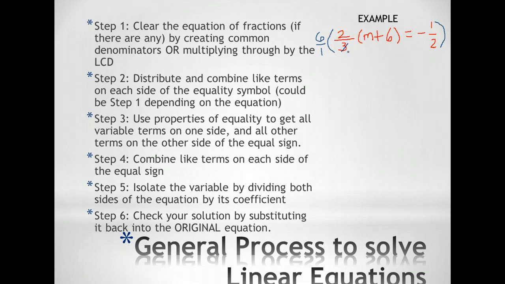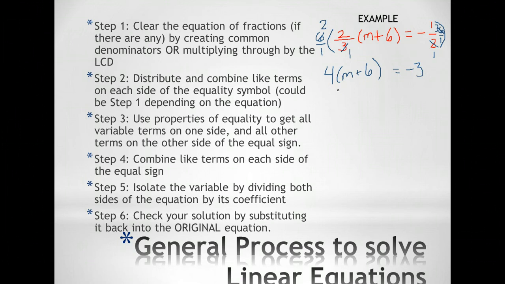So the 3 becomes a 1, and then the 6 becomes a 2, and so I end up with 2 times 2, so I get 4 for the left-hand side, (m plus 6), and then I also need to multiply the negative 1/2 by 6 over 1, and I do the same thing. 2 goes into 6 3 times, so this equals negative 3.